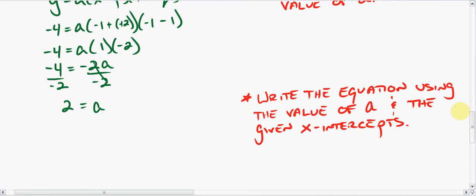So, if you remember, our x-intercepts were -2 and 1. Alright, now I'll write that down here. So the x-intercepts were -2 and 1.